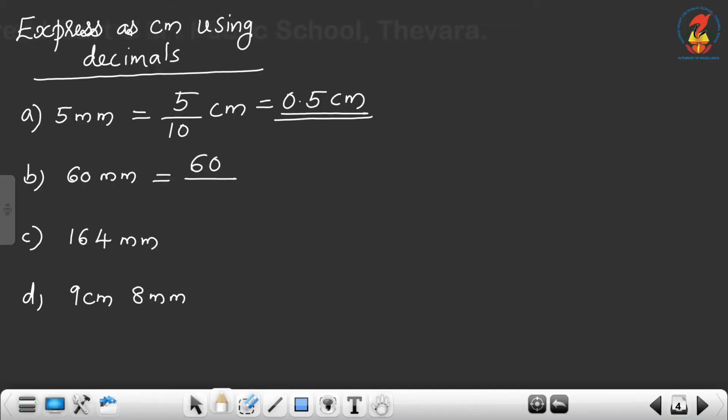Next, 60 millimeter. 60 millimeter means 60 by 10 centimeter. After 1, we have only 1 zero, so we have to get only 1 digit in the decimal part, starting from the unit digit. So it will be 6.0 centimeter.